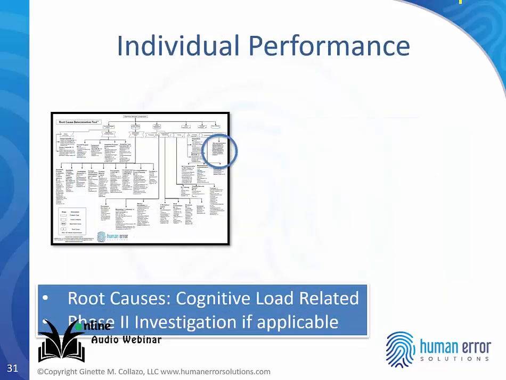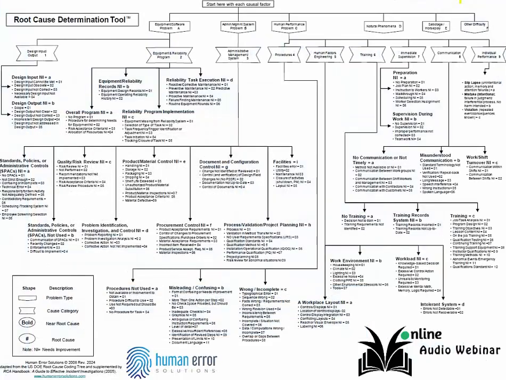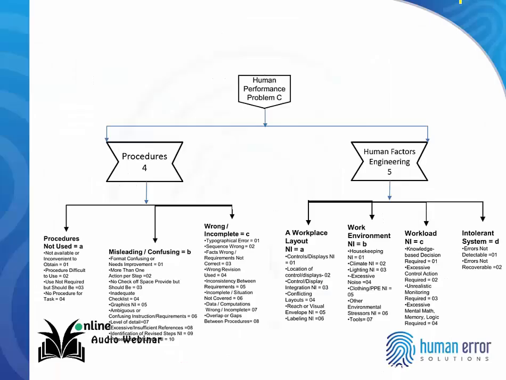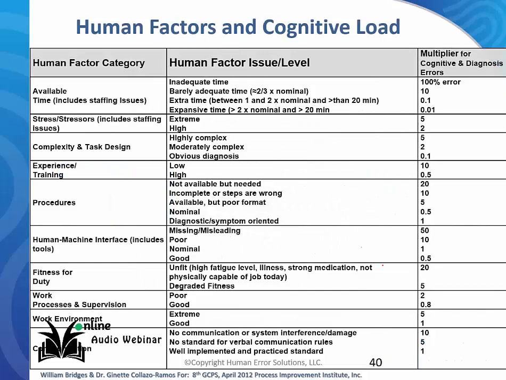And then we have individual performance, which is totally different, this is the tool. Like I said, every single human error root cause is here. First of all, this tool is almost self-explanatory to the root cause. At this point, we're applying almost nanotechnologies, and the categories for cognitive load are these 10 categories.